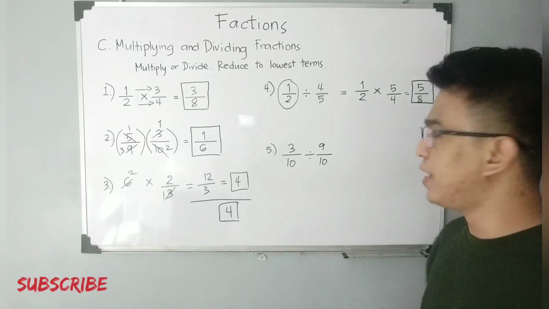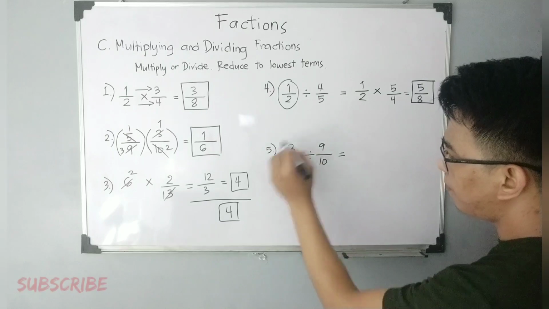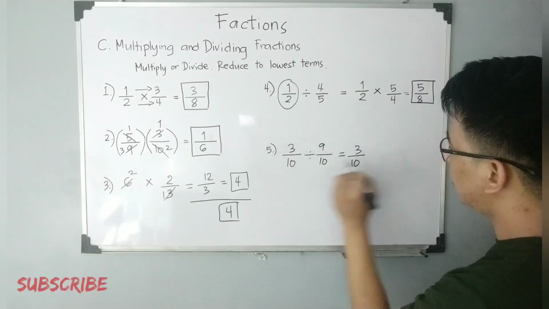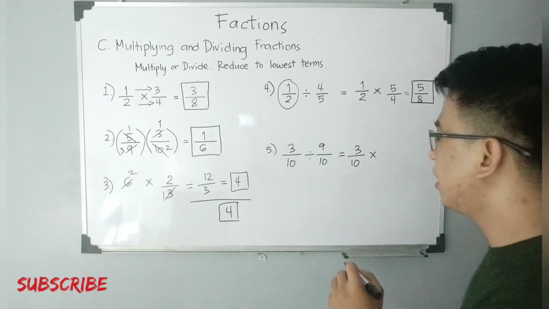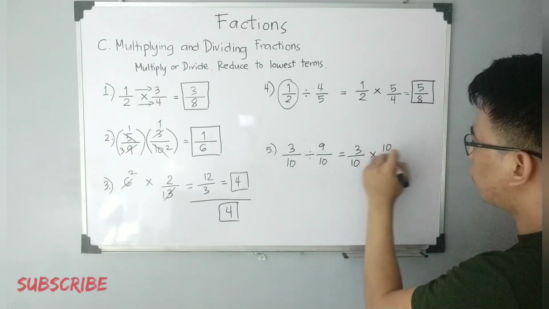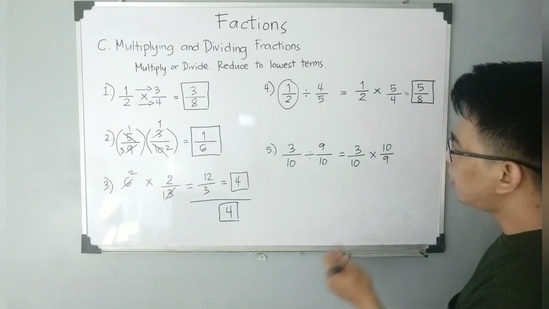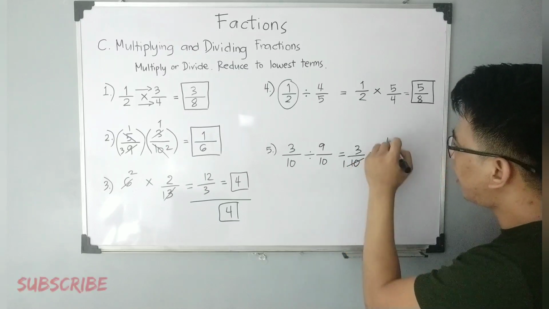Diba? Kaya naman. So let's have number 5. For number 5, keep, meaning copy, 3 over 10, change to multiplication, and flip. Gagawin natin siyang 10 over 9. So ngayon, kung notice nyo, you can cancel out 10. It will become 1 and 1.